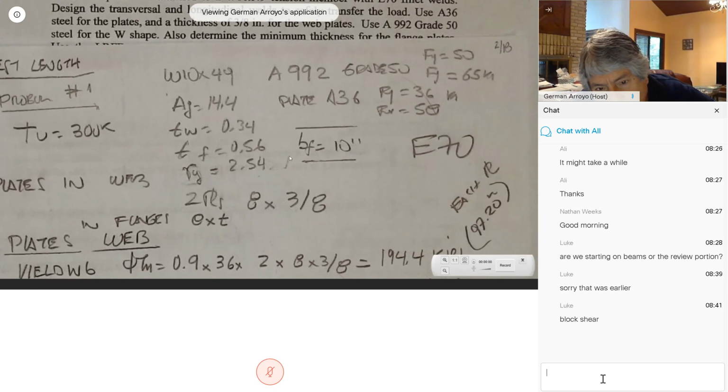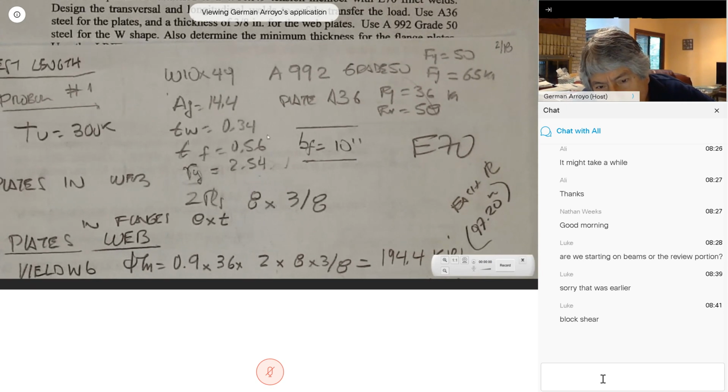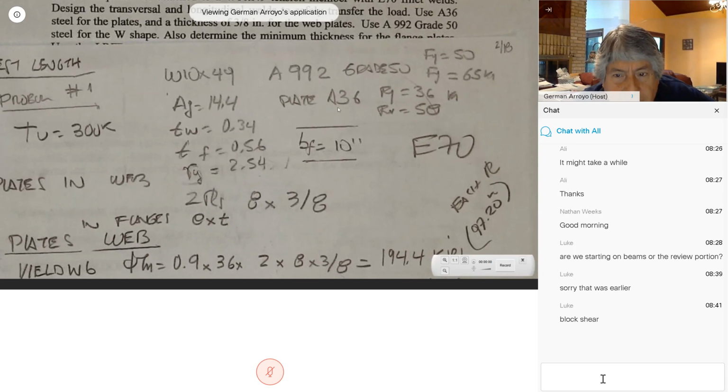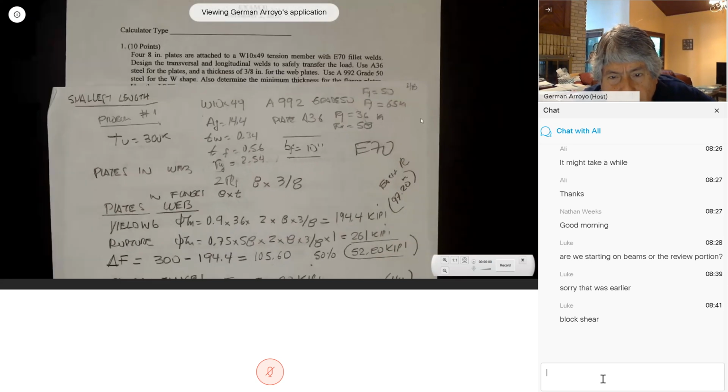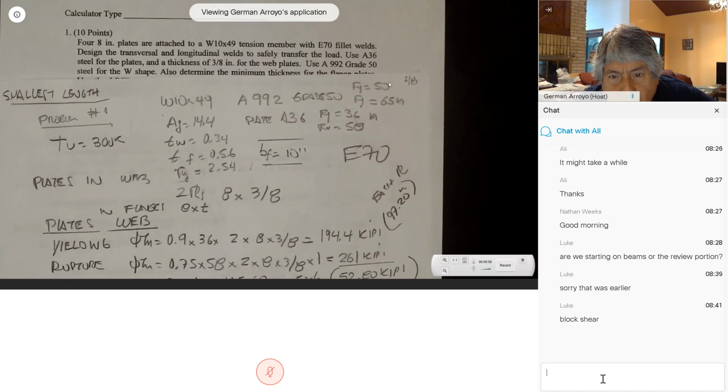So for my block shear, I only had 2 inches left on each side. And of course, the properties of the material, Fy 50, Fu 65 for the shape, and for the plate, 36 and 58. So this is the way I started the program.